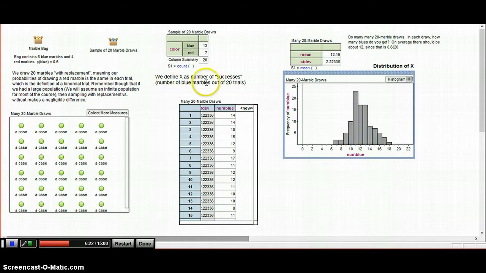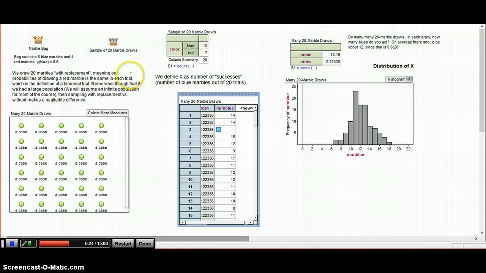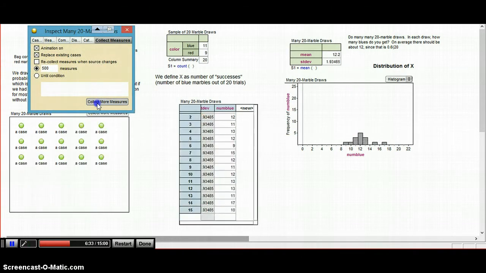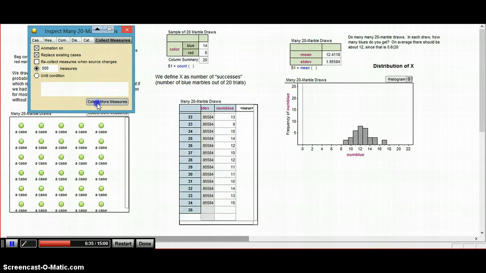Let's do this some more times, and instead of 100, let's do 500. Well, it's going to take some time.